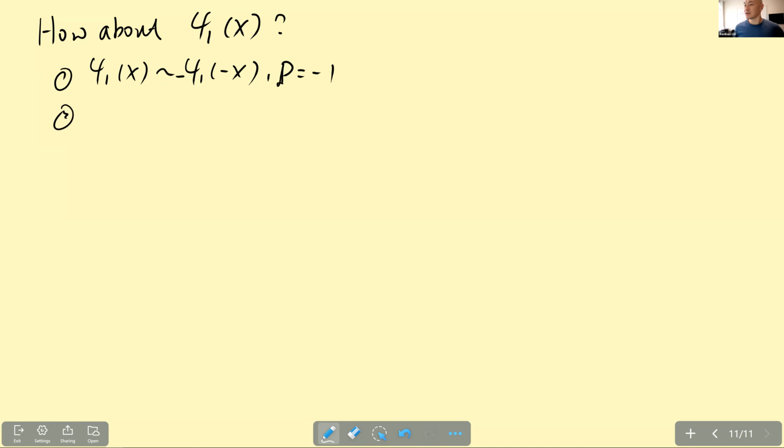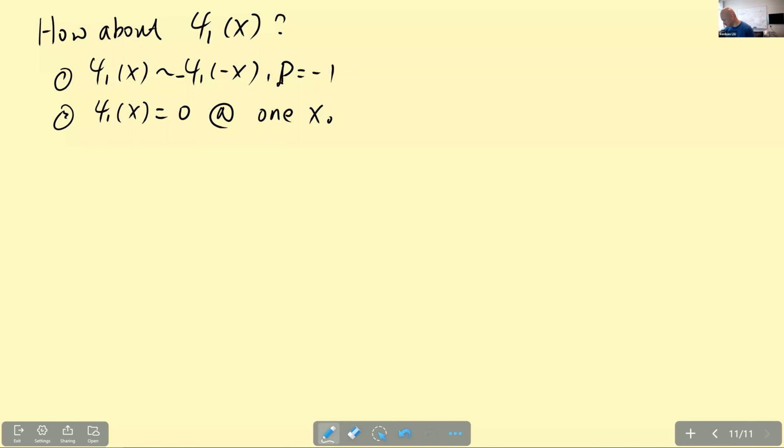And also, this one equals 0 at x = 0, right? And if you have an odd function, if you have ψ1(0), which one should be 0? Can you tell me what's the solution?